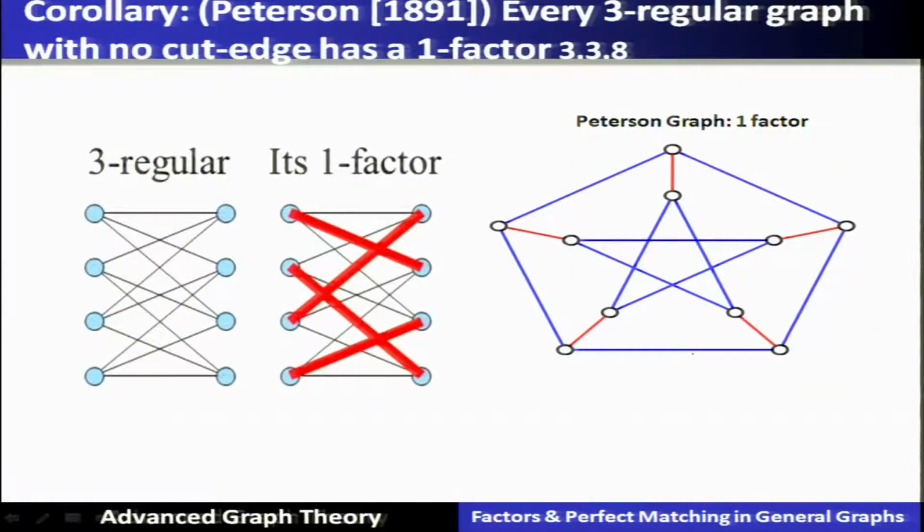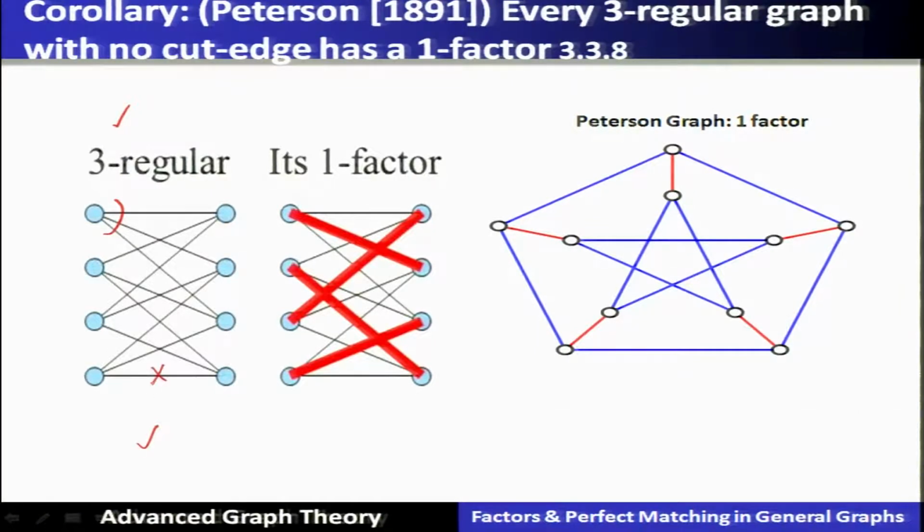Now, there is another corollary which says that every 3 regular graph with no cut edge has a one factor. So, let us take this particular graph. This graph is a 3 regular graph. 3 regular means every vertex or every node has the degree 3. Now, this graph does not have any cut edge.